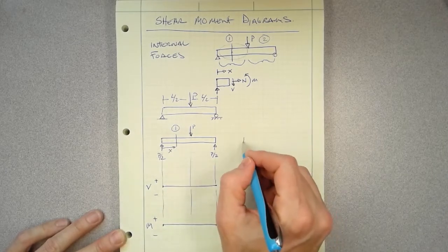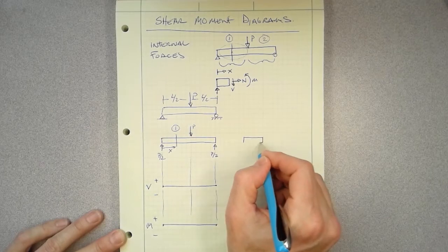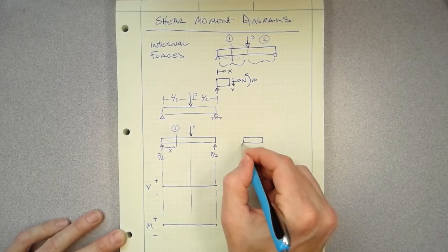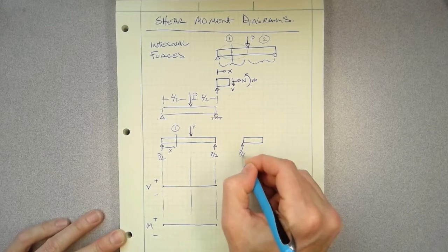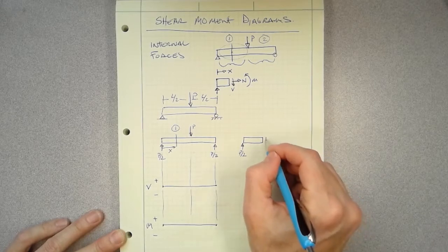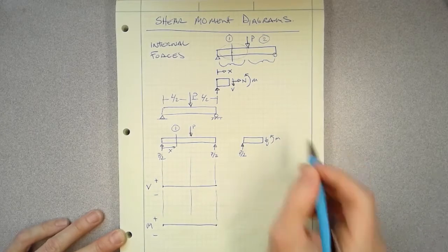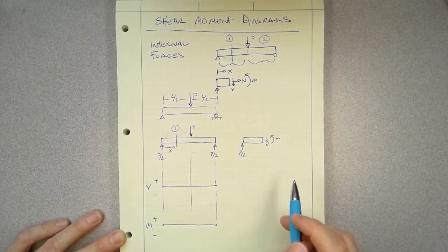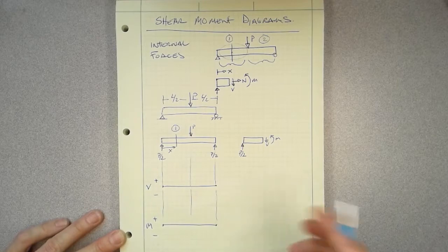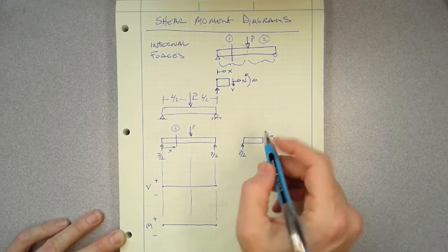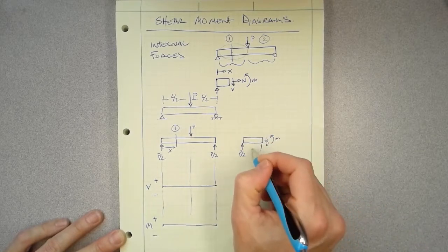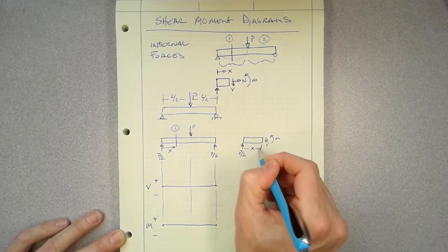If we redraw this, we have our cut section, we have our reaction force, P over 2, we have our shear, we have our moment. I've drawn those both in the positive direction to make it easy on ourselves calculating this. And we also have our distance X in there.